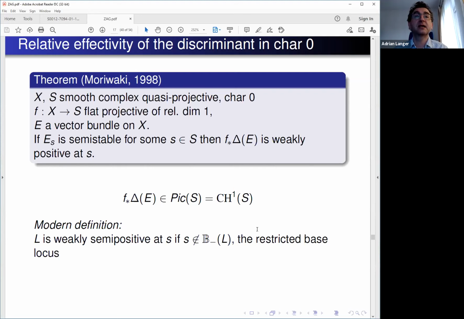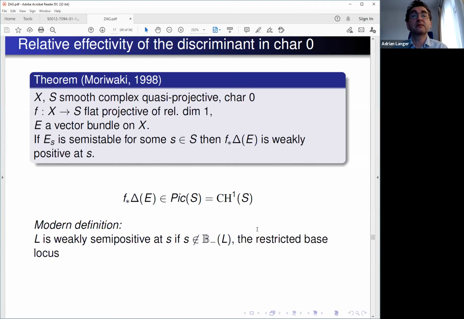It's much easier. So if we assume this, then this line bundle, the push forward of the discriminant, is weakly positive. So this can be somehow reformulated in terms of sections of multiples twisted by some ample line bundles and so on.